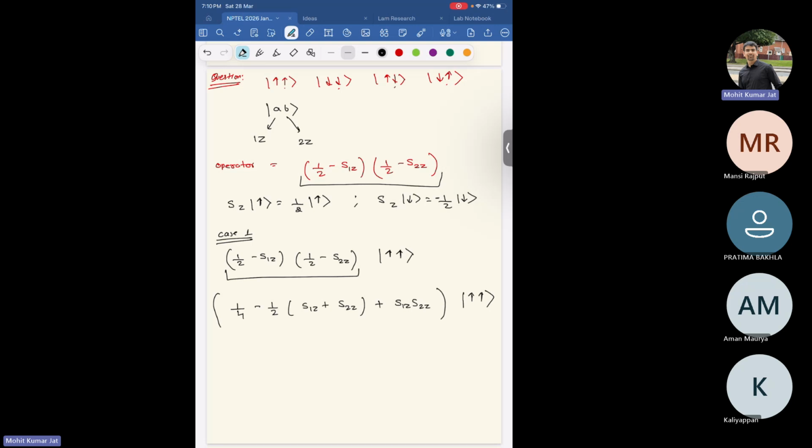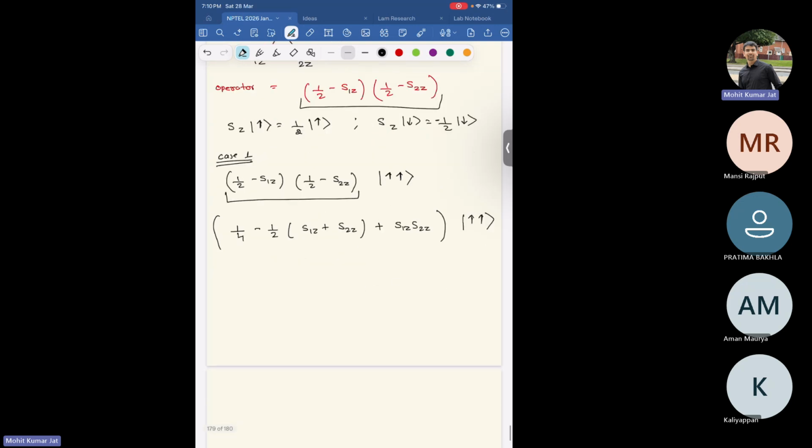So 1/4 acting on this will give you the direct 1/4, minus 1/2. S1z operates on the first part, so the first part will give you half. S2z will operate on the second part, which will also give you half. Plus S1z S2z will operate on the first and the second part, that will give you half times half.